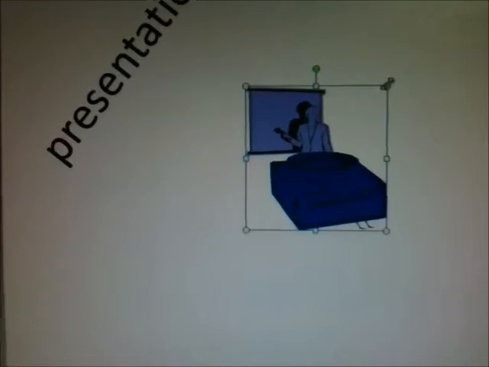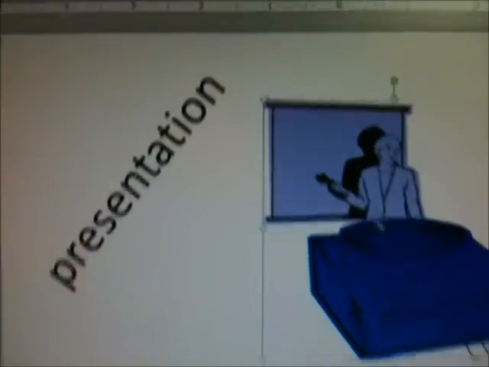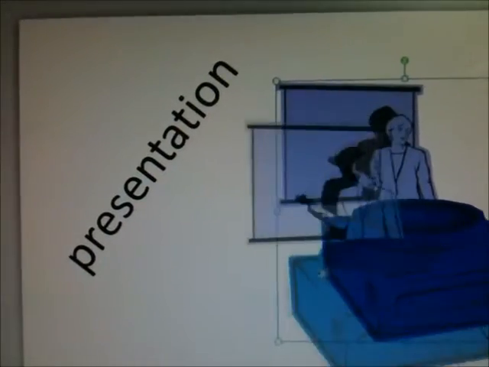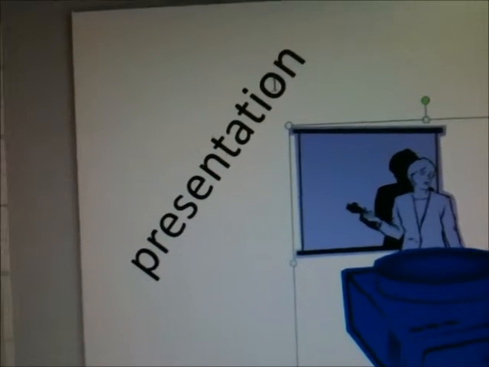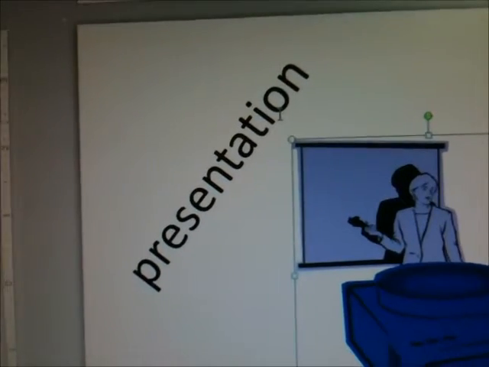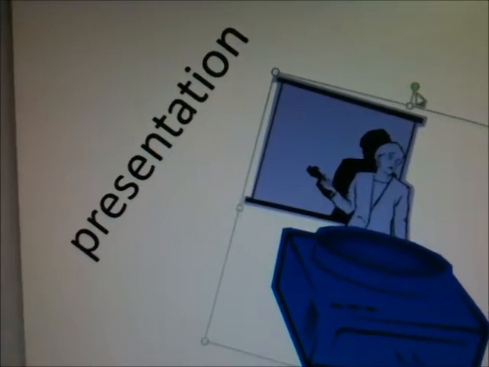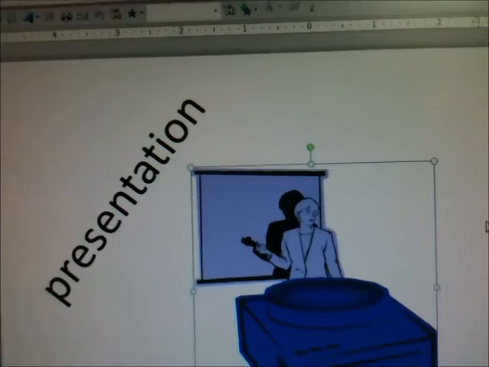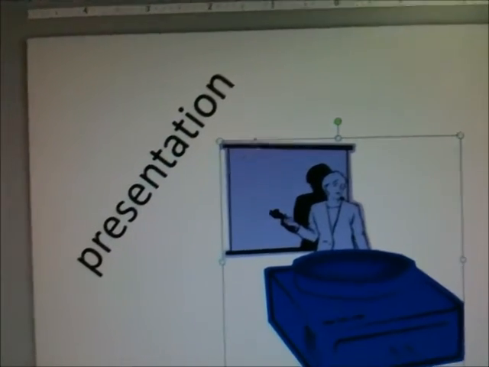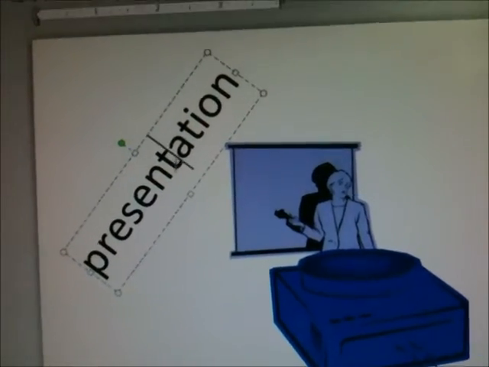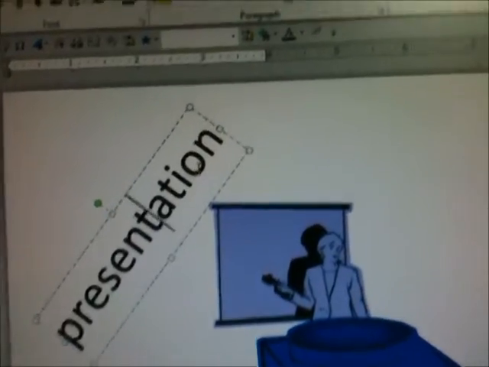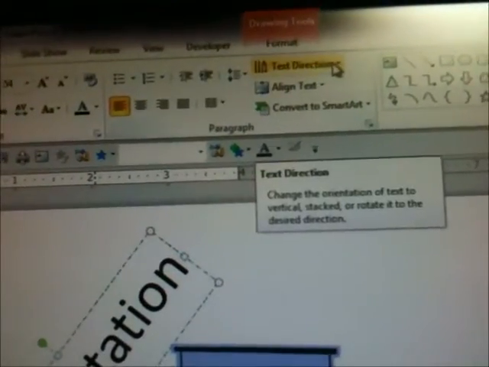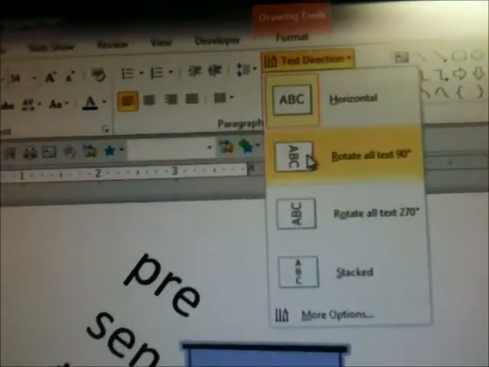So if I want to make this really big and maybe down a little more, then I can put the presentation at an angle. I can do the same thing with the picture. Anytime you see that circle above the picture, that means you can turn it around. There is also a way to change how the text appears in your text box, and that's called text direction. It gives you several different options.